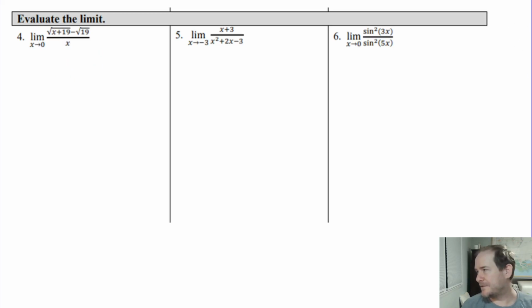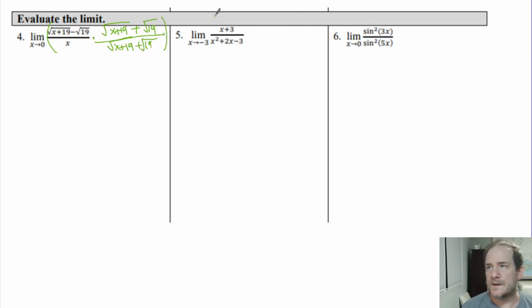And the math for a problem like this was to multiply by the conjugate. So you get root x plus 19 plus root 19, and you multiply that on the top and the bottom. What happens when you do? You're going to FOIL.